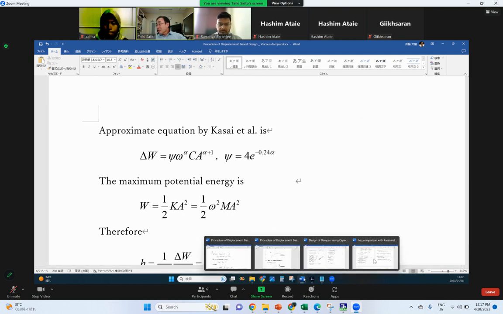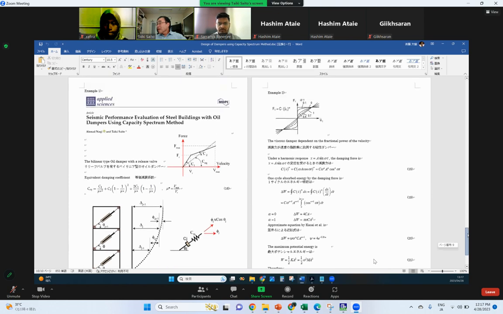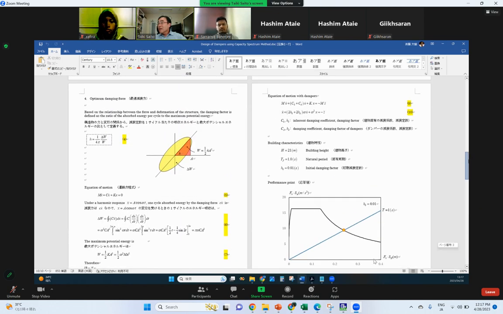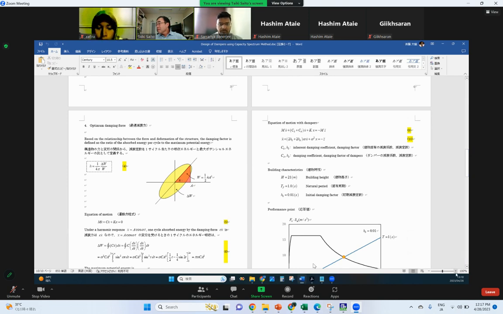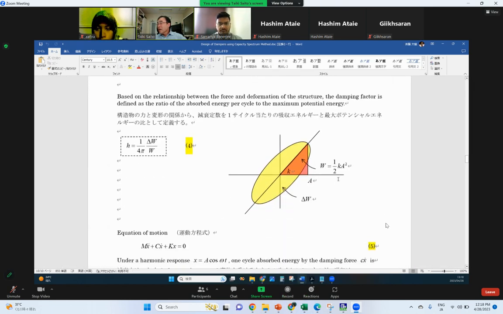And the definition of damping is, as you know, one cycle energy divided by potential energy, the triangular area.